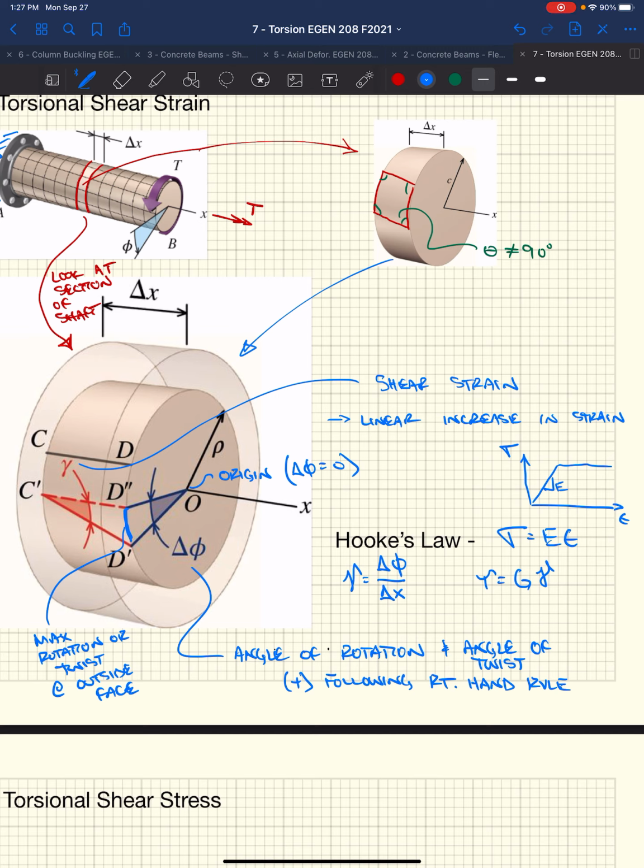It linearly changes the amount of angular rotation as we go from the center of the shaft, which isn't rotating, to the outside of the shaft, which rotates the most. So we get the most strain at the outside of the shaft.